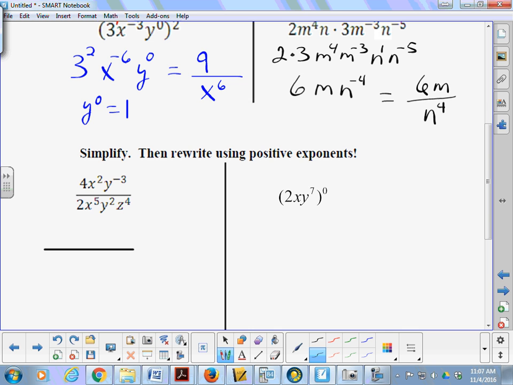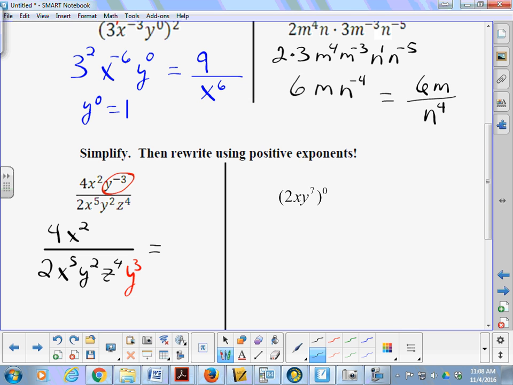So in my numerator, I have 4x squared only. In the denominator, I now have 2x to the 5th, y squared, z to the 4th, and I'm going to move this y to the negative 3rd, because as a negative exponent, I'm going to move it to the denominator and it becomes a positive 3. Right? The other part of the fraction.